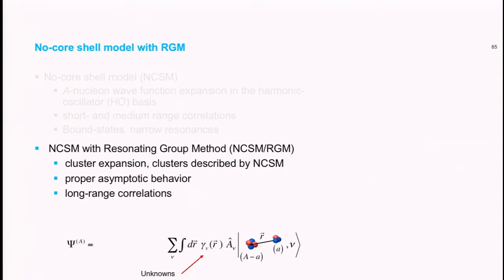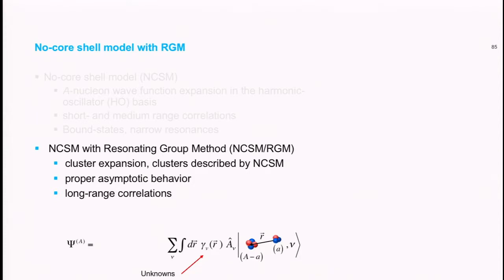One problem that appears immediately is that in this expansion you have to include many internal excitations of these clusters. So this nu describes the quantum numbers of this system, and in order to converge, you really have to include many of these, because you can imagine, let's say you have helium-3 alpha.